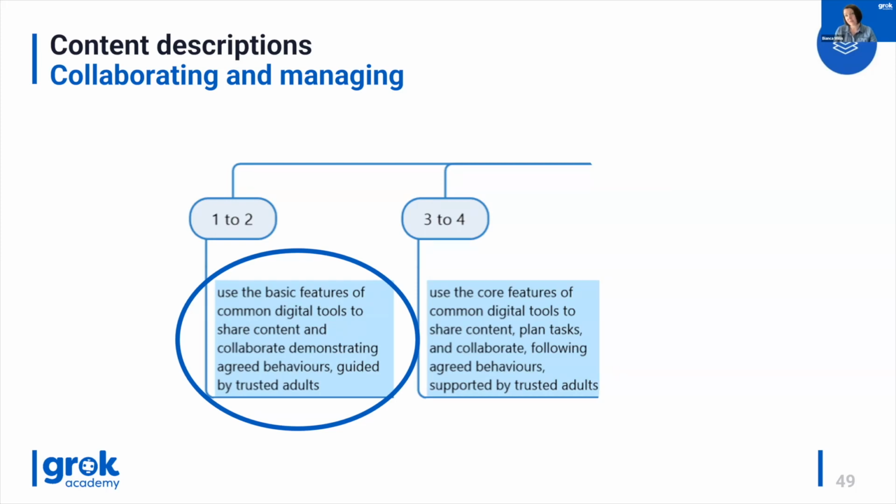Your students might be using Book Creator or Explain Everything if you have iPads at your school. The other key part of this content description is collaborating with peers, and this is guided by you, their teacher. Students need time to develop their group work skills, and any activities that encourage students to work in small groups or pairs, and also as a whole class, is excellent to help students develop these skills.